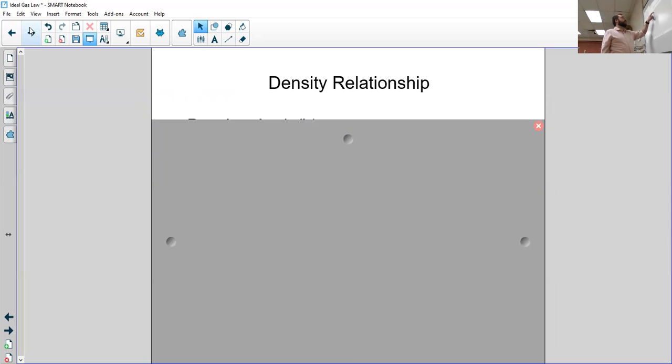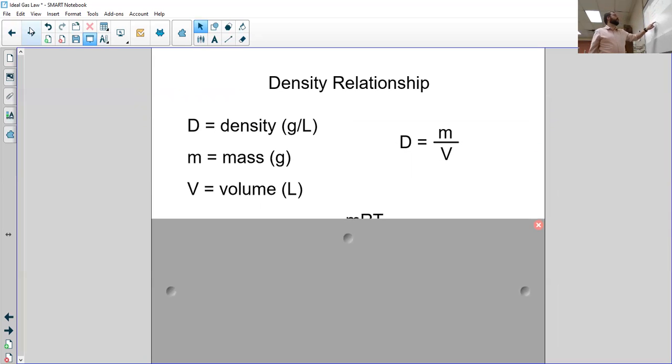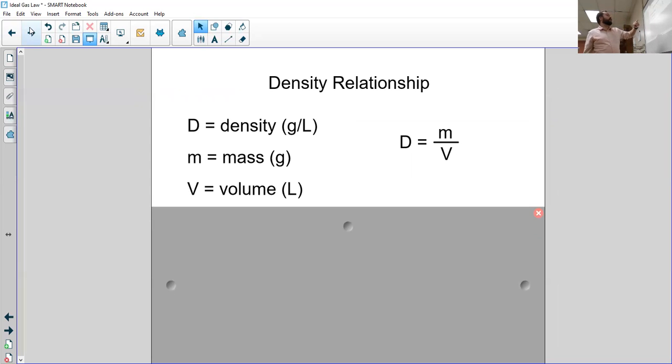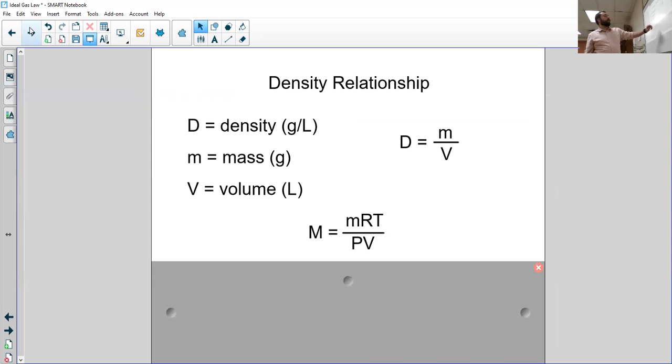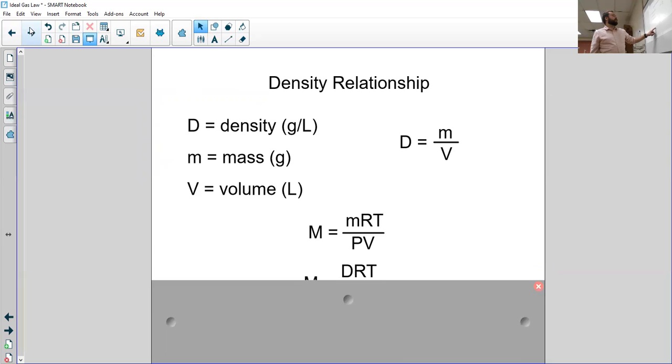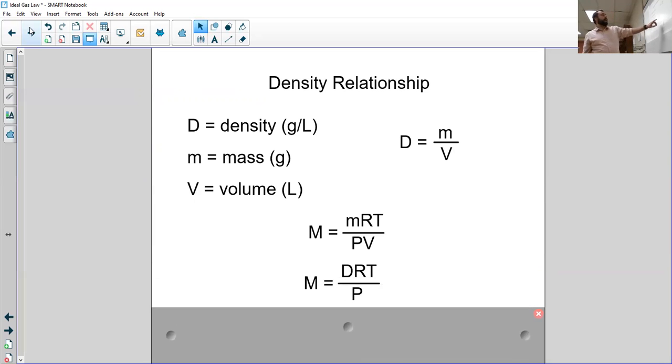Now, density relationships as well. Density, we already know, is grams per liter. So we have mass in grams, volume in liters. Density is equal to mass over volume. So we had mass in that relationship that we just found: the molar mass is equal to mass times R times temperature divided by pressure and volume. We can substitute in that mass.